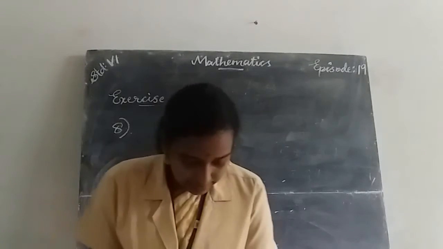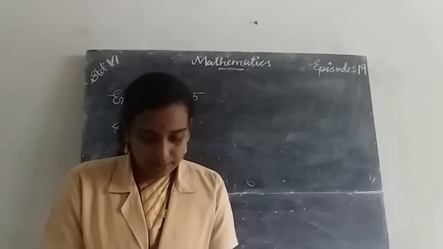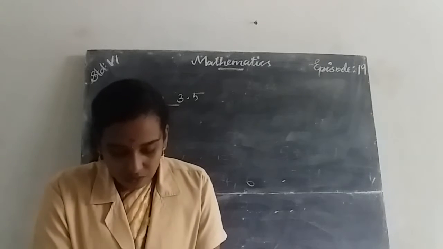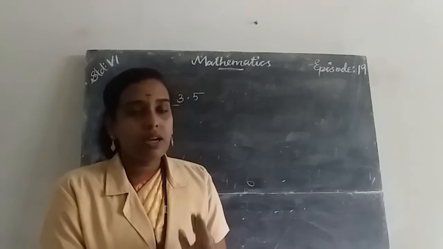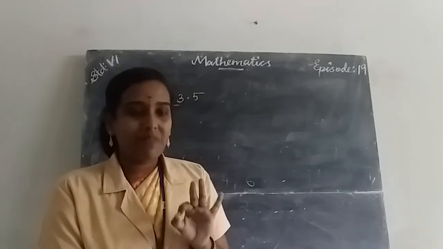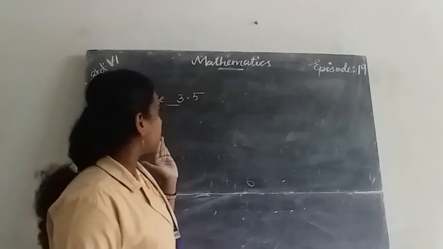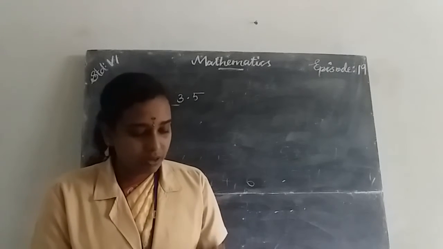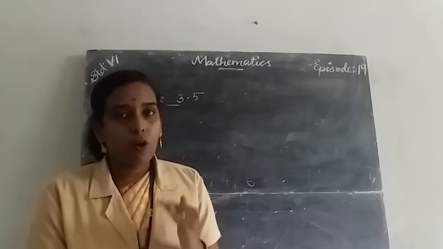So the question is, the sum of 2 consecutive odd numbers is divisible by 4. It's a statement. So verify this statement with the help of some examples. For that we take any 2 consecutive odd numbers and check whether the sum is divisible by 4 or not.